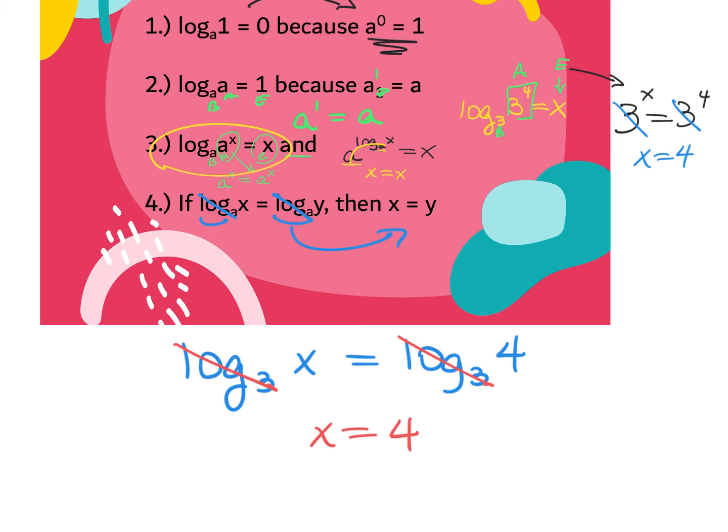Solve for x, and we're going to use these properties. Now, some of them, all we're going to do is switch it from log into exponential, and then use the skills that we did in 5.1.